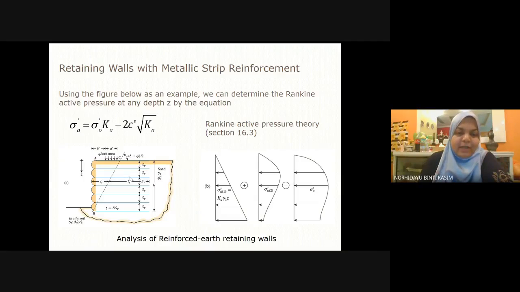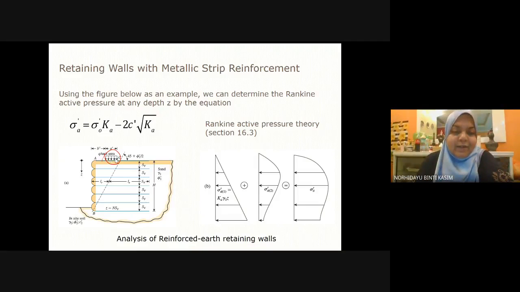You have to be familiar with this figure and all the variables here, because as an engineer, when you design, you have to determine what SV is, and what H is. H is the height of your retaining wall and the length of your metal strip. This one is the surcharge.